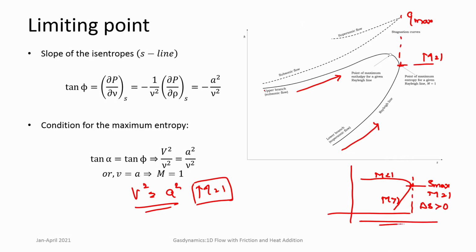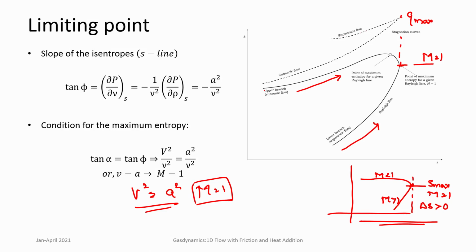But Rayleigh flow is not an adiabatic flow. Here, only by means of heat addition one cannot go beyond Mach number equal to 1, because the stagnation curve corresponds to maximum heat added.